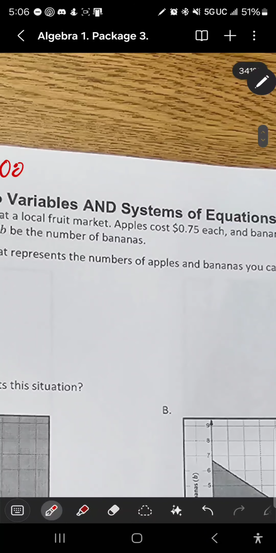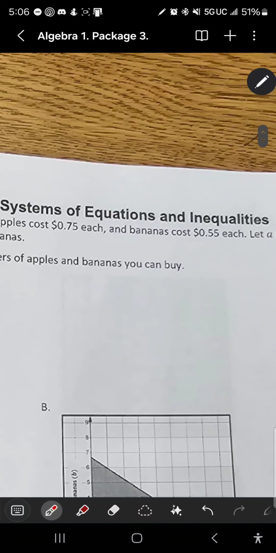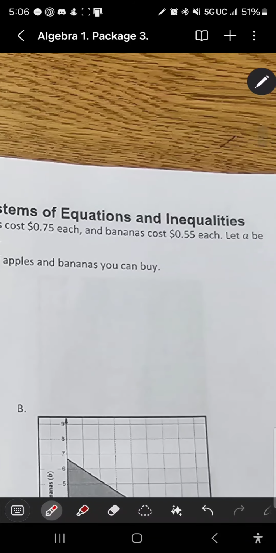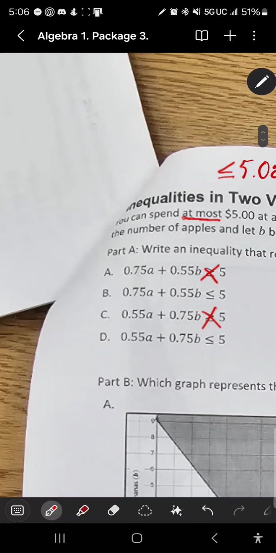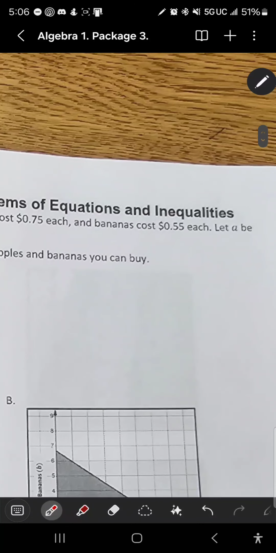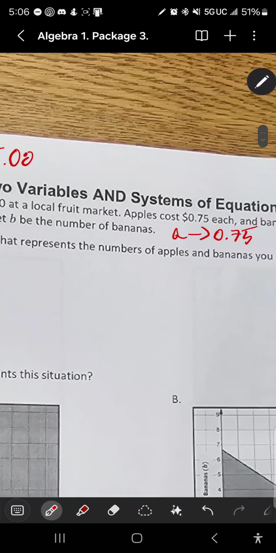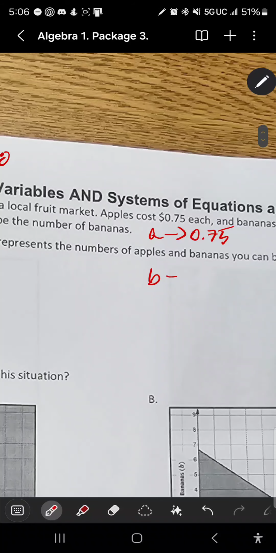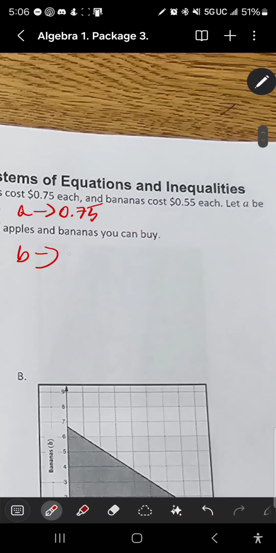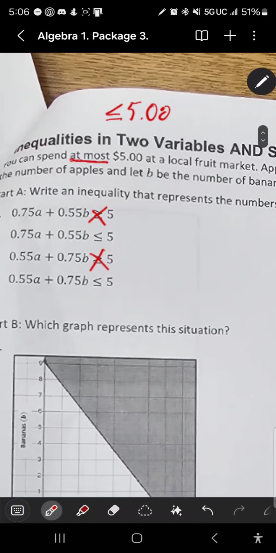Apples cost 0.75 each and bananas cost 0.55 each. Let A be the apples, so A goes with 0.75, and let B be the number of bananas, and B goes with 0.55, because they're saying that apples cost 0.75 each and bananas, which is B, cost 0.55 each.